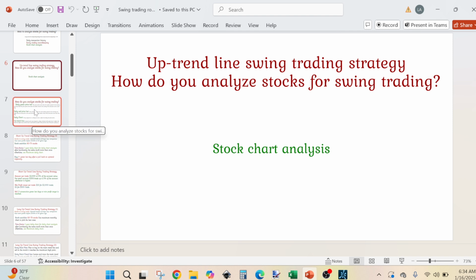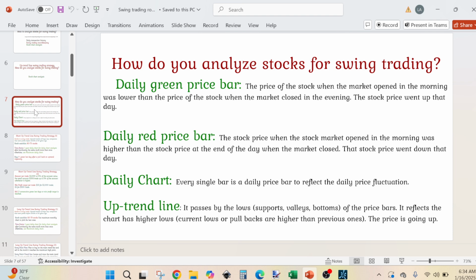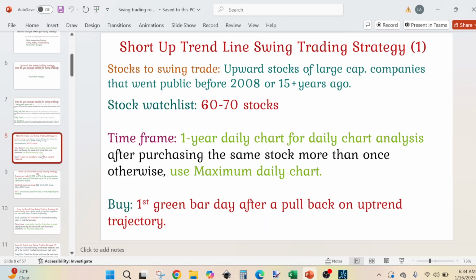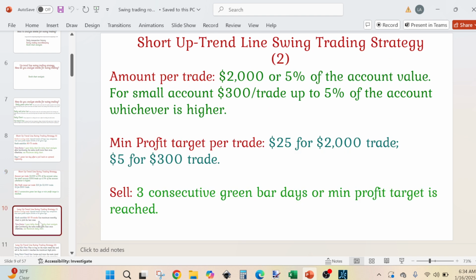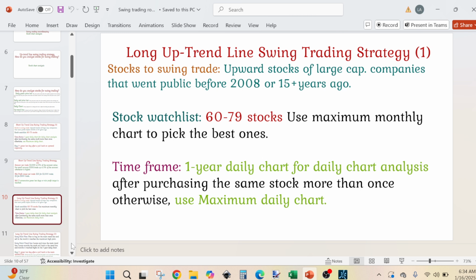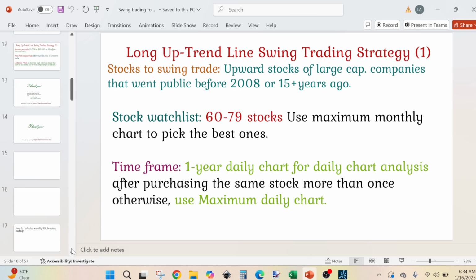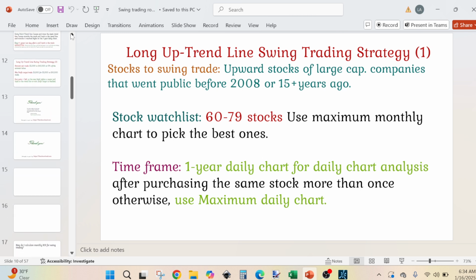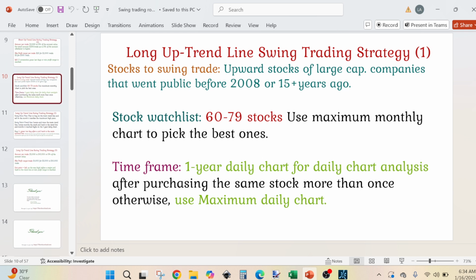We explain more about the strategy in the first video, but again, last year we used the short trend line swing trading strategy, and this year we are using the long trend line swing trading strategy. And we have videos on how we pick stocks for our watch list. You'll find them in the playlist titled Swing Trading at the end of the video on the screen or in the description.